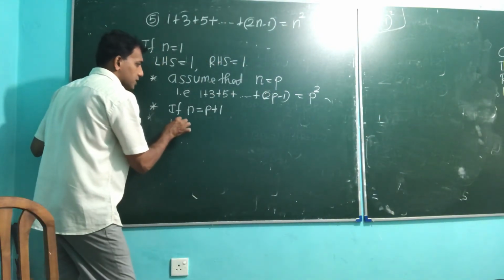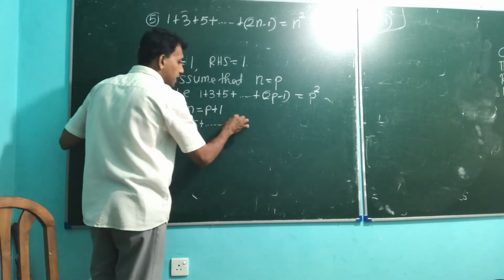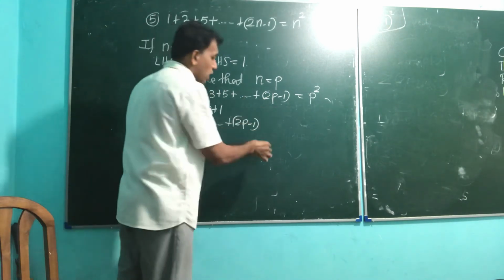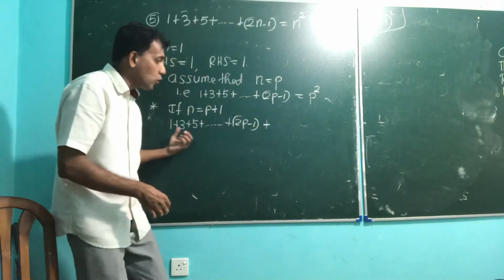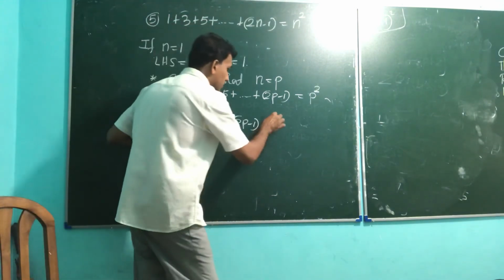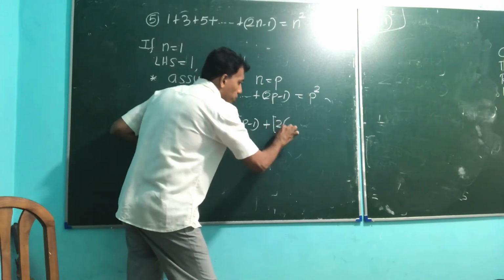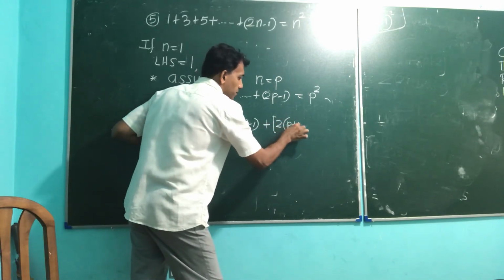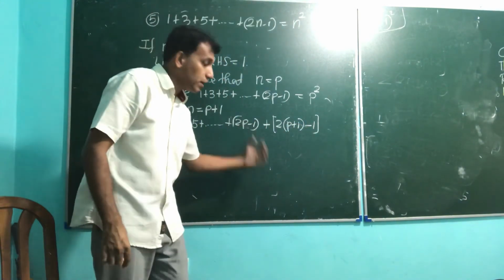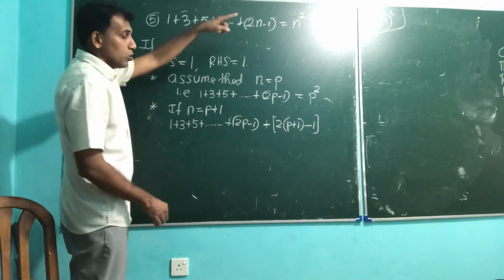So 1 plus 3 plus 5 plus up to the p numbers, and next the p plus 1 term. If you show up to 100 numbers, the next one is 100 plus 1, right? So write 2 into (p plus 1) minus 1. Up to p, and write the (p plus 1)th term. Now simplify, you know the answer.